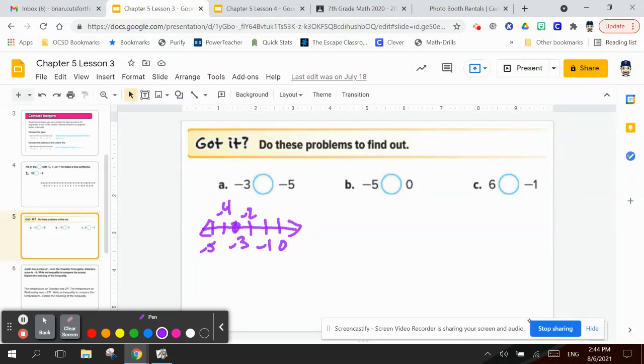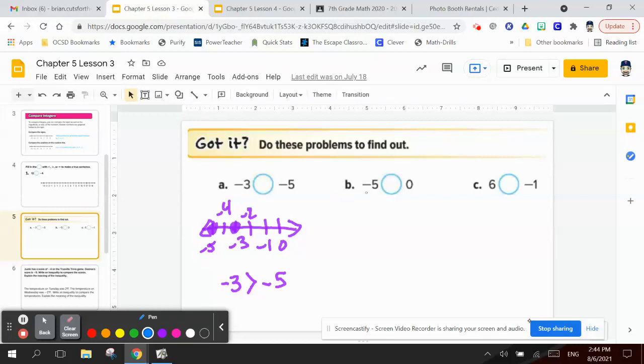So here's negative 3, here's negative 5. Which one is furthest to the right? Well, that's going to be negative 3. When comparing two negatives, whichever one is closest to 0 is larger. So in this case, negative 3 is greater than negative 5.